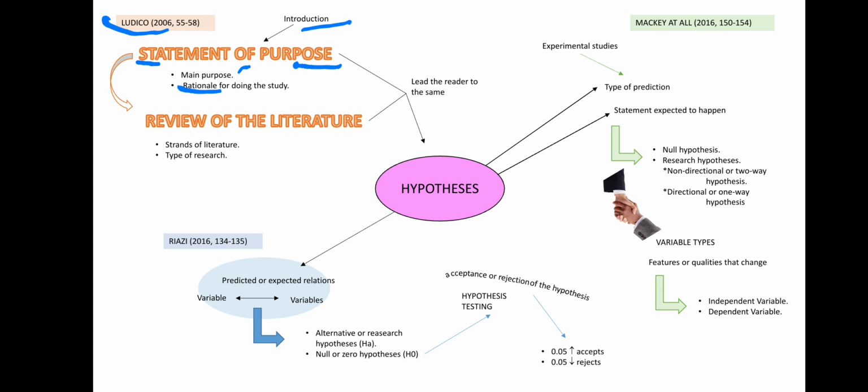and to support that idea, immediately after the statement of purpose, we have to include the review of the literature, in which we are going to mention the articles we use to support our work, the strands of literature, and the type of research we are doing.